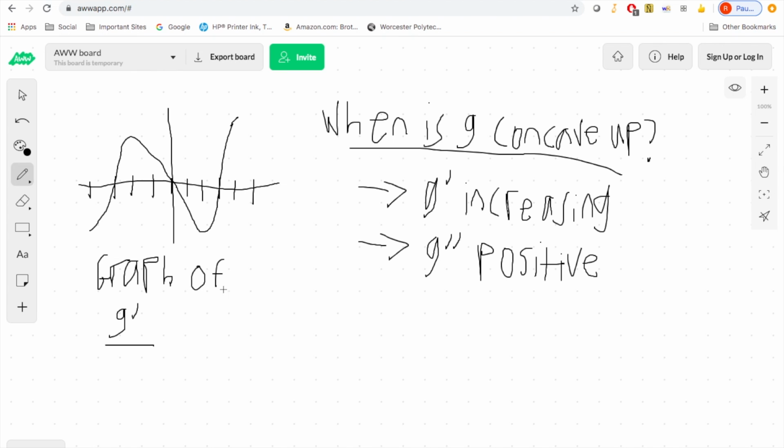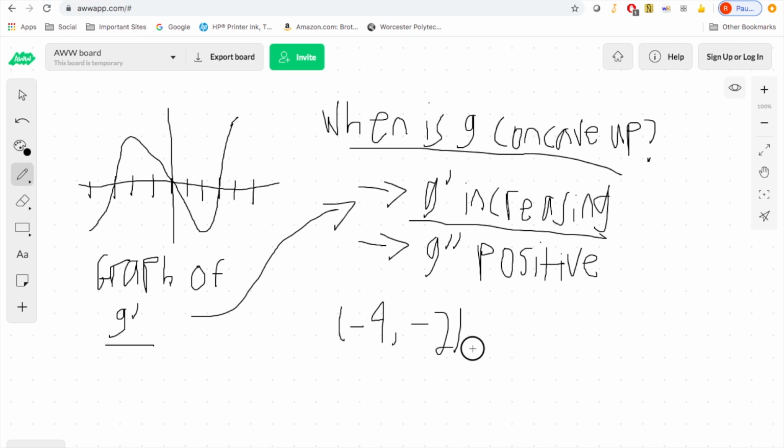This is the graph of G prime, which means that that needs to be increasing by this statement right here. So where is this function increasing? Well, we're increasing from here to here, which is -4 to -2. Again, I apologize for the bad drawing, but there's one open interval.